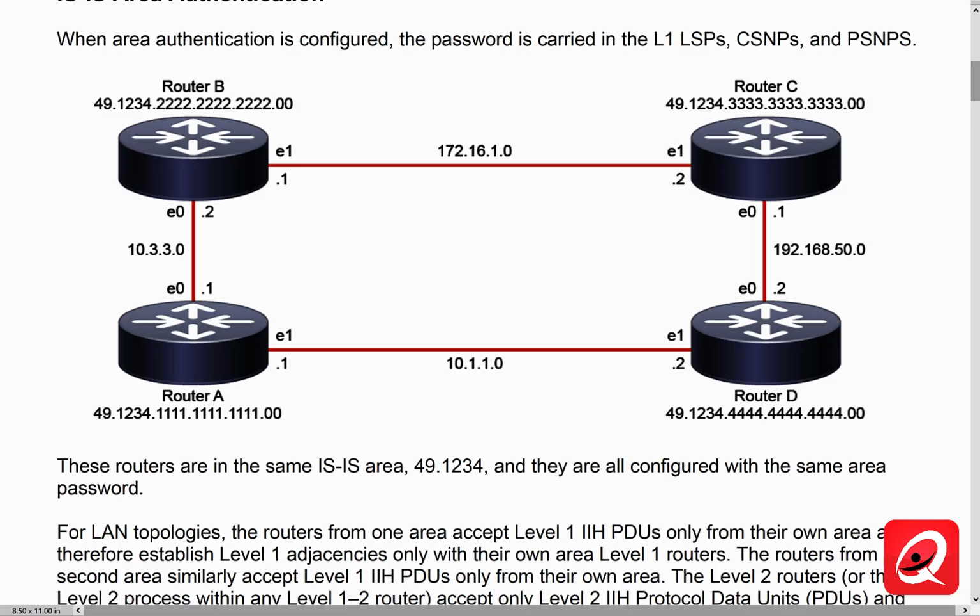So if I had an IP address, for example, of 192.168.1.2, I would pad those numbers, and the result would be 192.168.001.002.